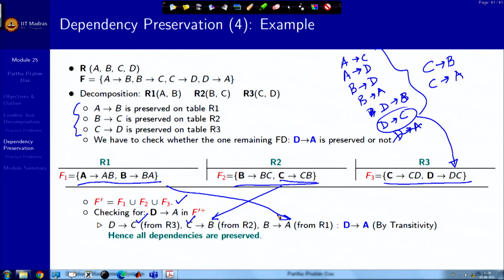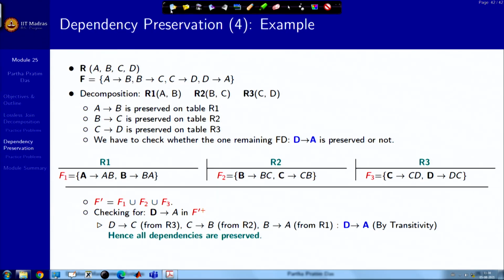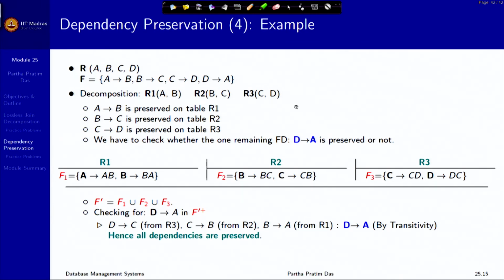The missing part of the reverse part of the cycle. So, D determines C, C determines B, B determines A, transitivity twice, D determines A. Right? So, even when apparently it might look that some decompositions may violate the preservation, it actually does not. So, through the closure process it could do that.